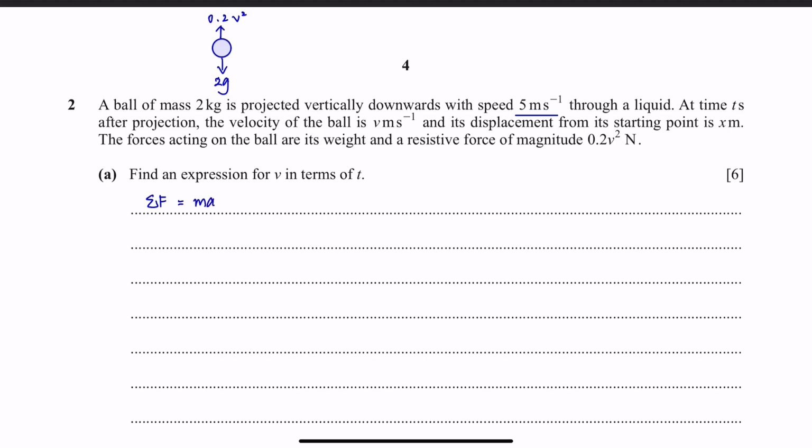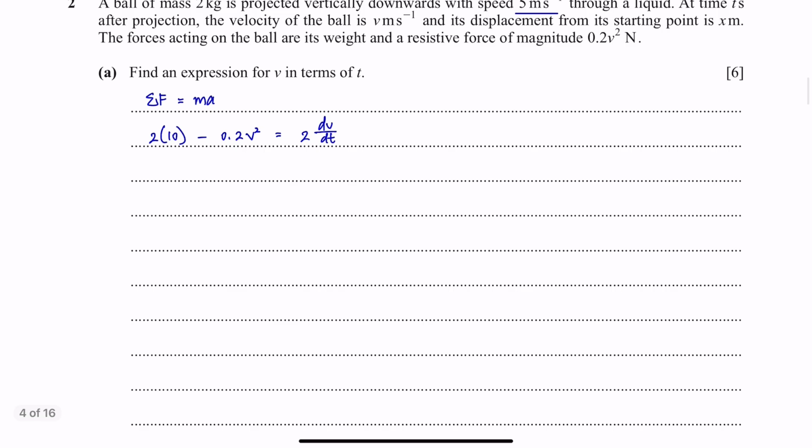So we can use this formula: the resultant force is m times a. The resultant force in this case would be 2 times 10, which is the weight, minus 0.2 v squared, which is the resistive force, and m, the mass, is 2 kg, and a can be written as dv over dt. So we can change it to 10 minus 0.1 v squared equals dv over dt.